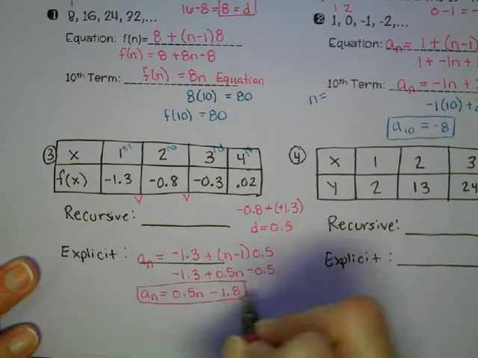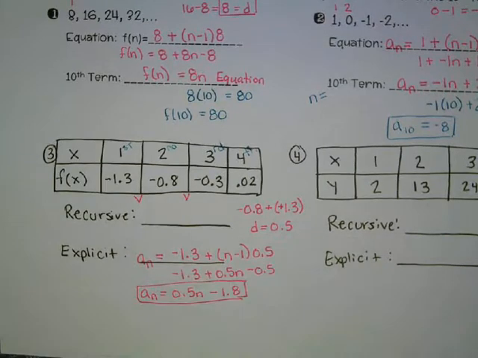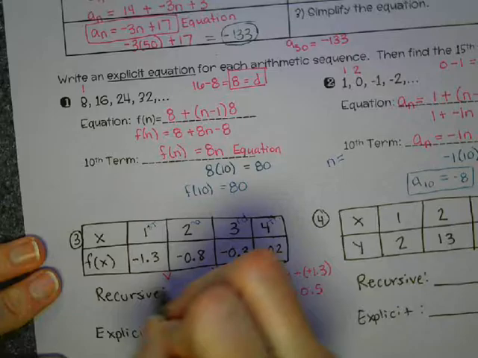Okay. The recursive is the one we did on the front side, or the first page of this. So the recursive one is kind of where it has two parts. You have the A1 term, so we'll write A1 equals negative 1.3.